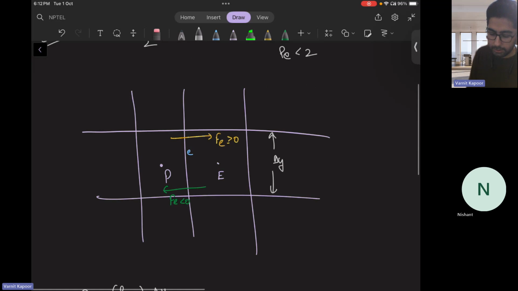Upwind means the tail portion. Let me choose another color.